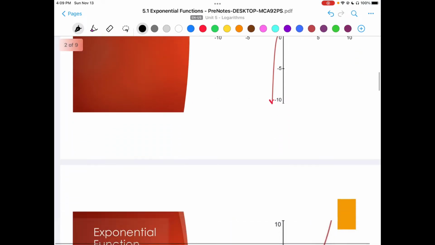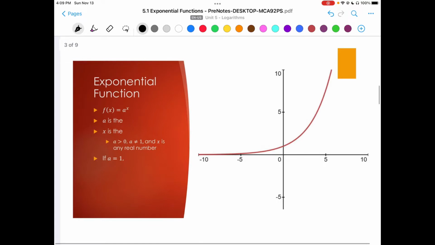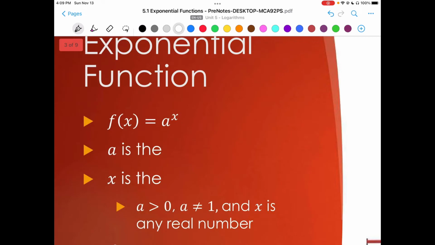We're going to transition into exponential functions. So exponential functions look a lot like this thing on the right, and they are represented by f of x, still a function, equals a to the x, where a is our base, and a is just some number.